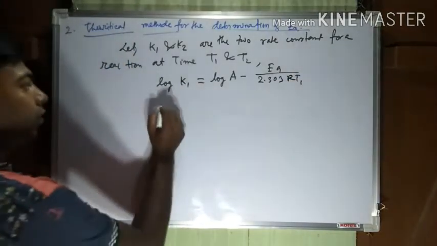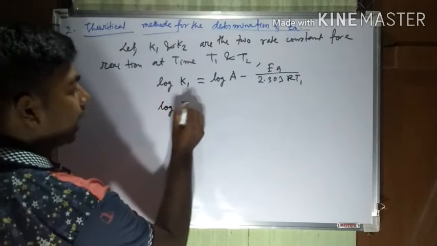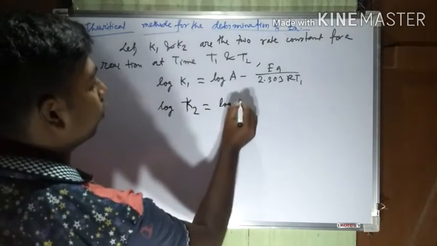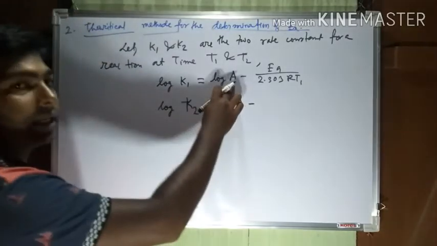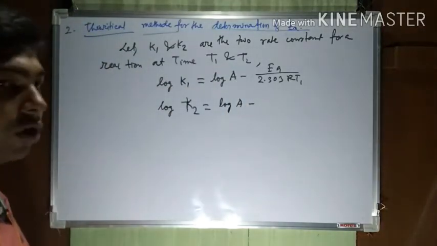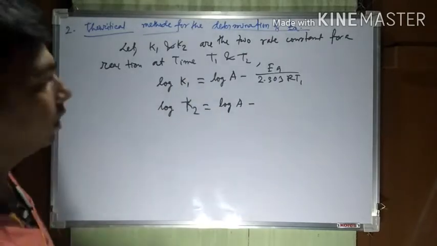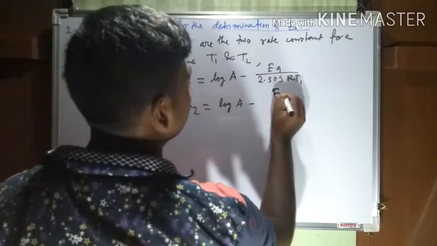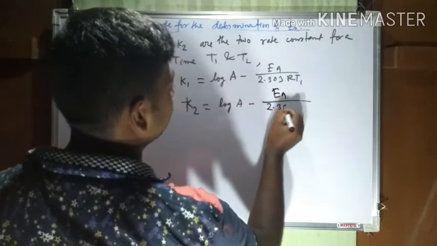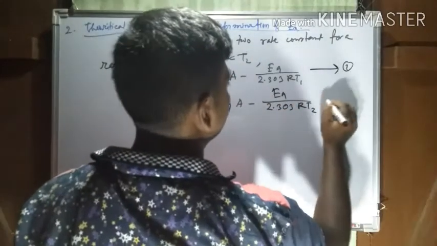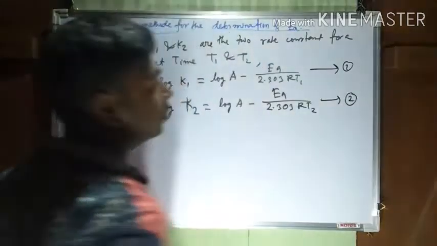Similarly, for K2 at temperature T2, it is log of A minus EA by 2.303 RT2. Remember this one, A is the pre-exponential factor, which is a constant. That's why it does not change at either temperature. Suppose this is taken as 1, and this as 2.